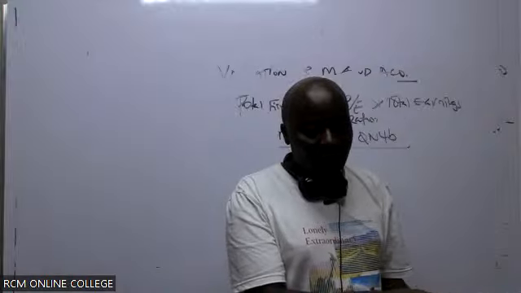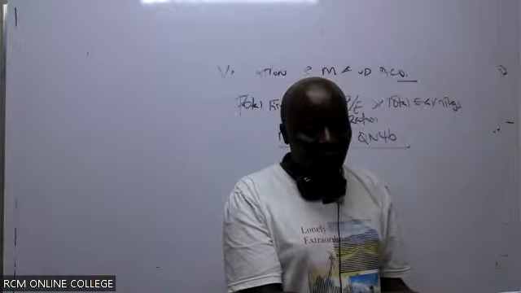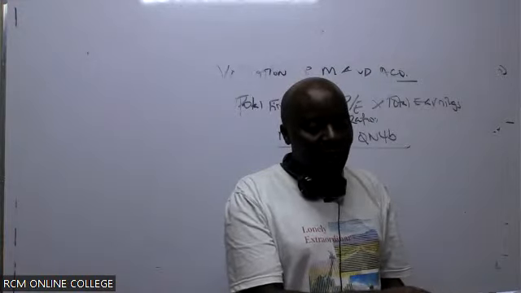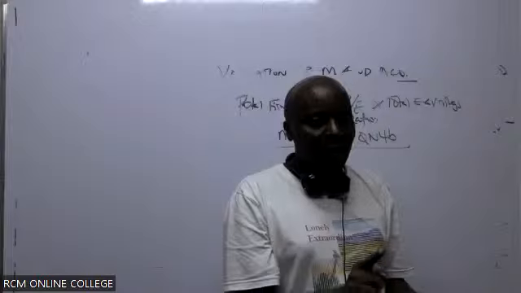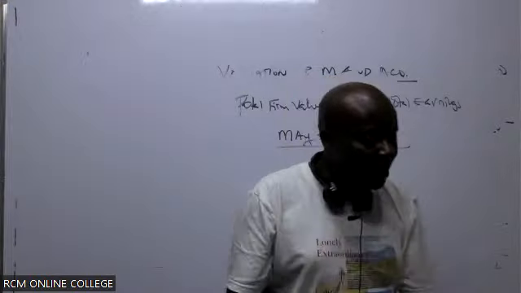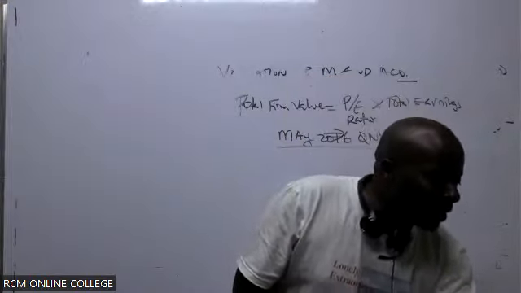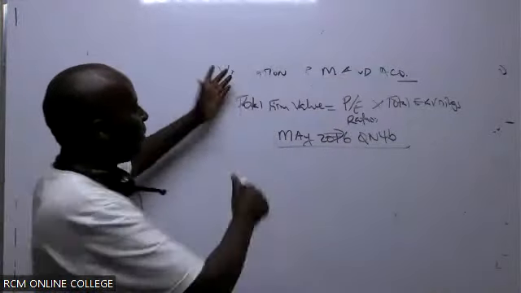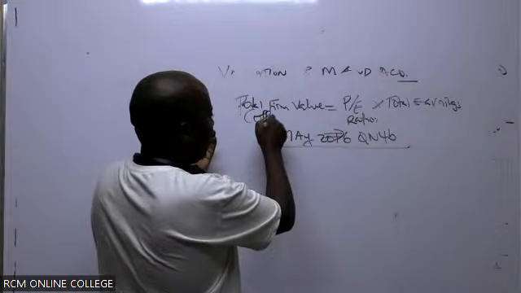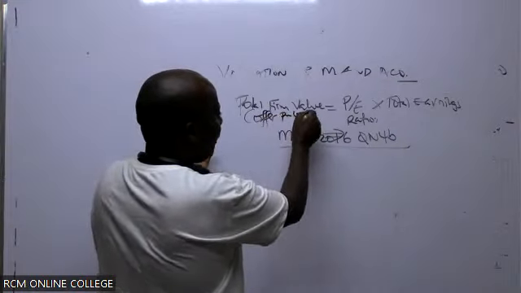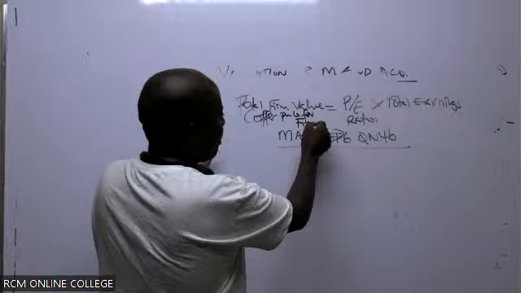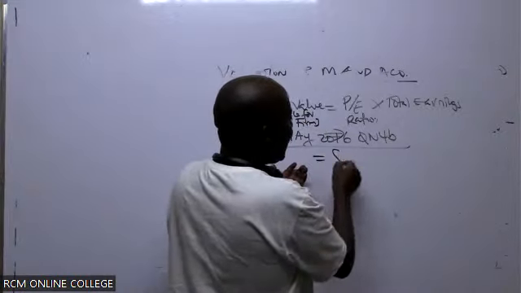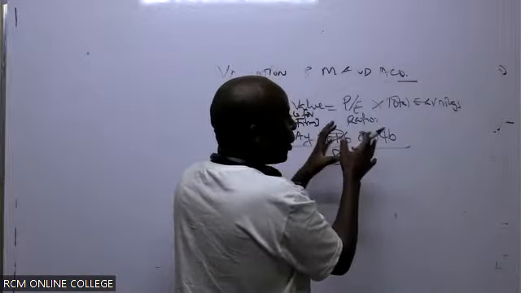So they've given us the price earnings. Anytime they want us to give the total firm value, which is the same as the offer price for the firm being sold, take the PE ratio, which here is 8 times, and multiply by the total earnings of that firm.